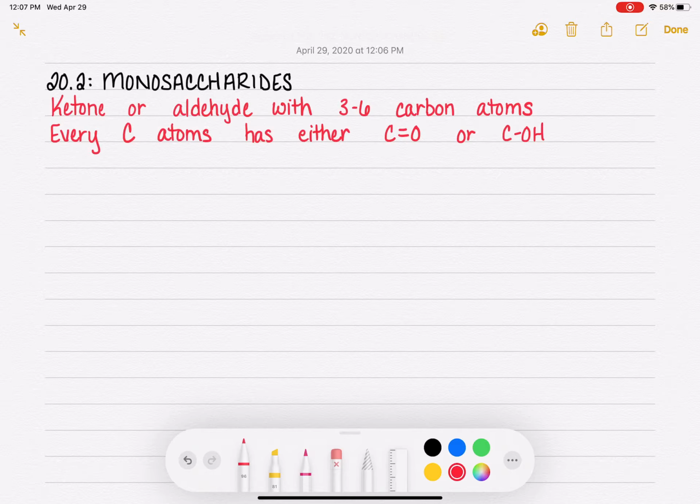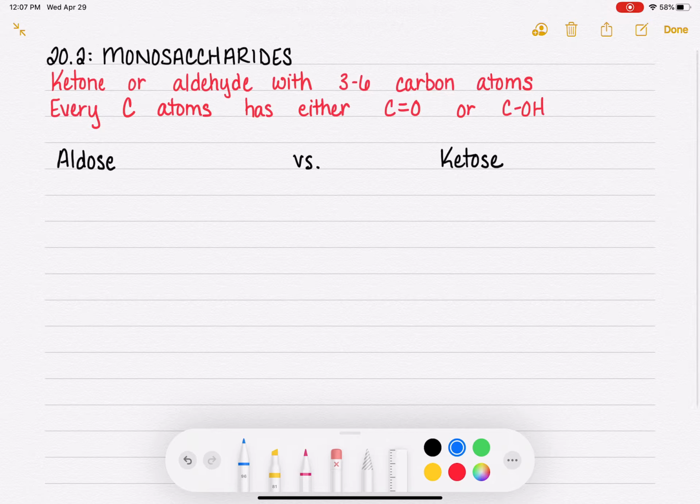Monosaccharides can be classified as either an aldose or a ketose. In the aldose molecules, the aldose monosaccharides, the carbon-oxygen double bond is on the first carbon, carbon number 1 of our chain.